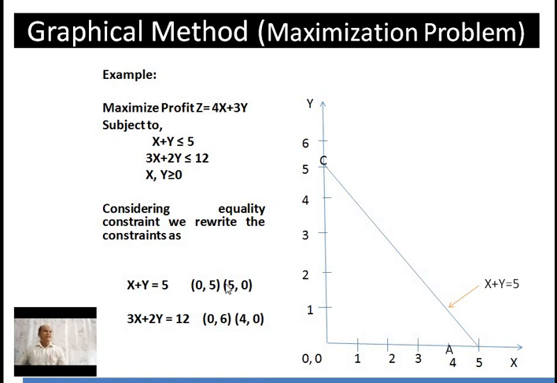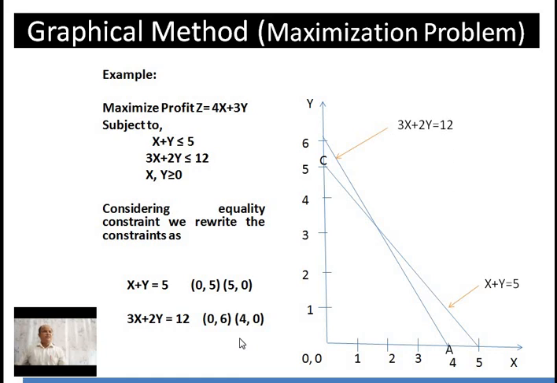In case of the second constraint, 3x plus 2y equal to 12, if x is equal to 0, then y will be equal to 6. If the value of y is equal to 0, then x will be equal to 4. By joining these two coordinates, we will get this graph for the second constraint.